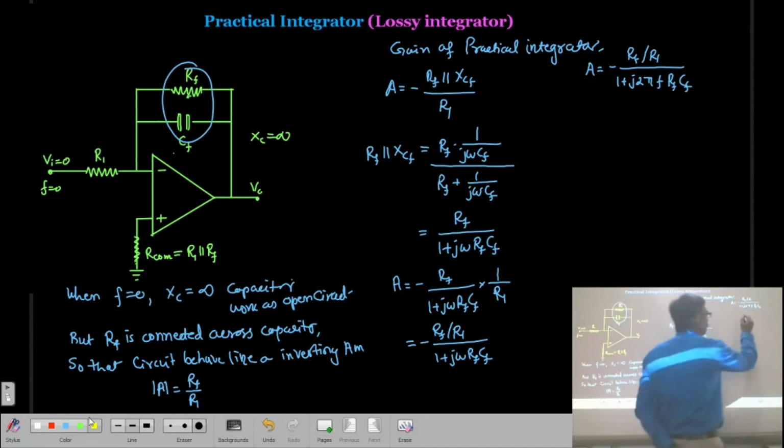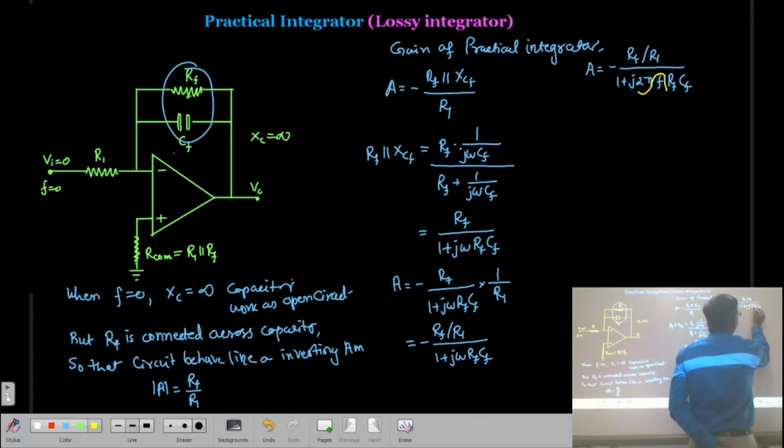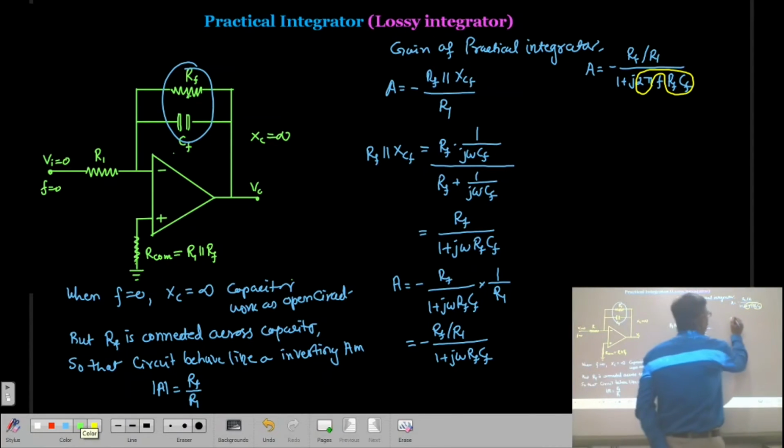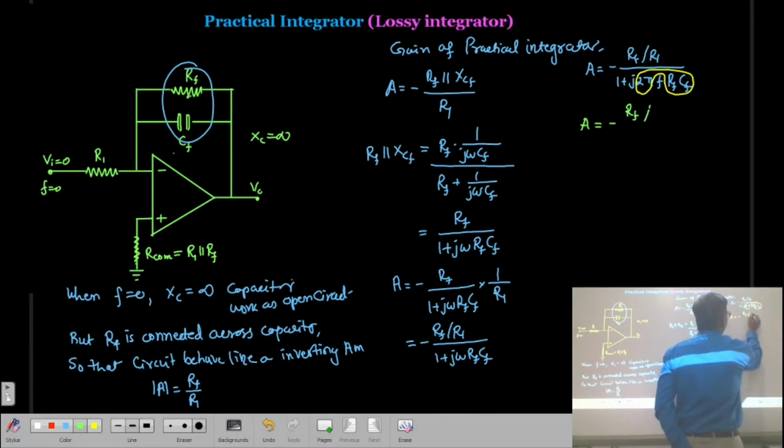Now, if you see that this value 2 pi into Rf Cf is nothing but the reciprocal of some frequency, and therefore we can write this as A is equal to minus Rf by R1 divided by 1 plus j f divided by Fa.